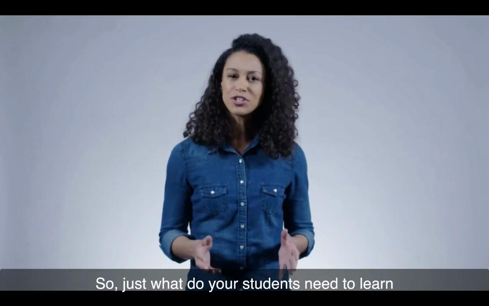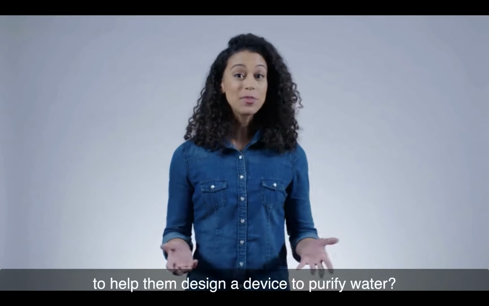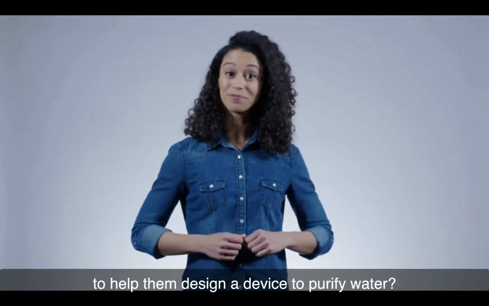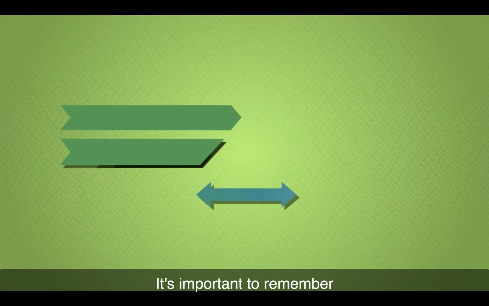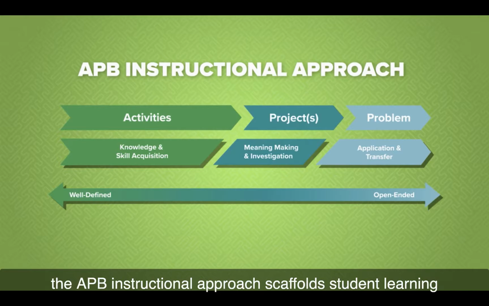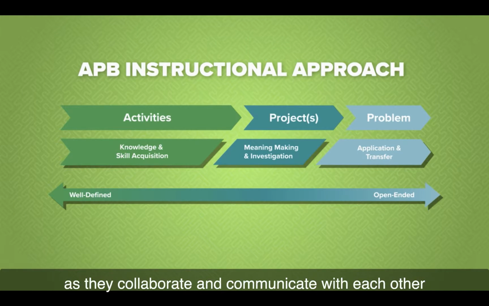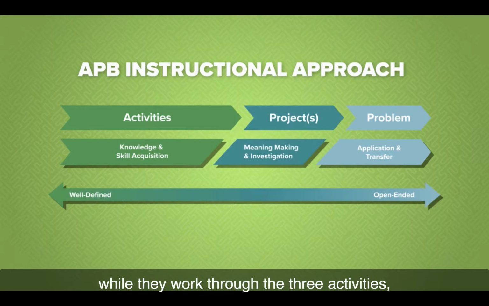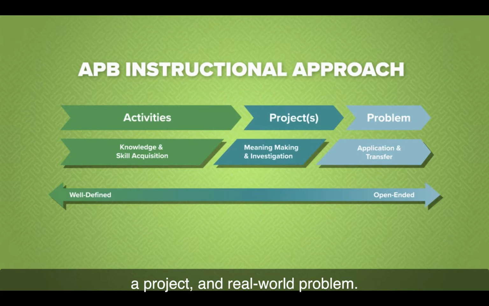So, just what do your students need to learn to help them design a device to purify water? It's important to remember that in all PLTW Launch modules, the APB instructional approach scaffolds student learning as they collaborate and communicate with each other while they work through the three activities, a project, and a real-world problem.